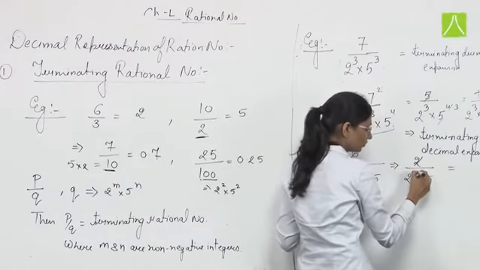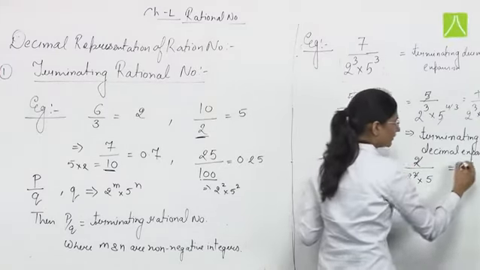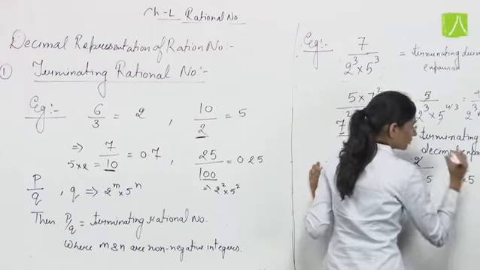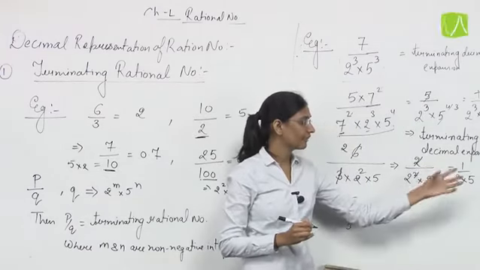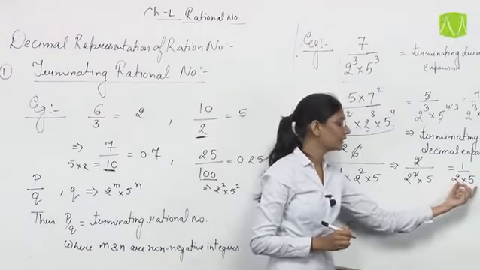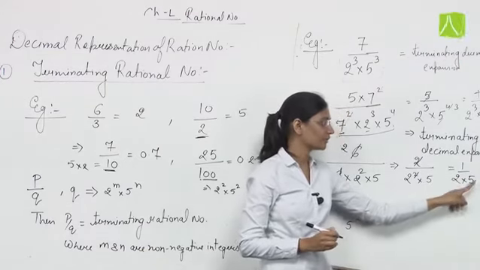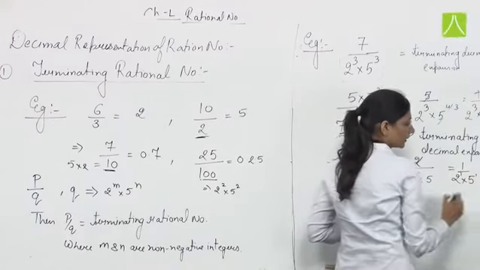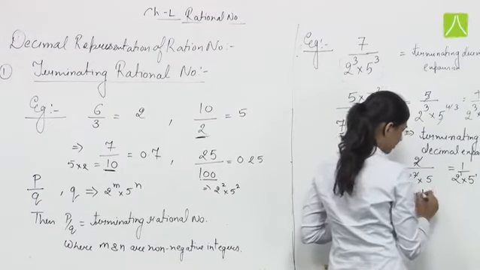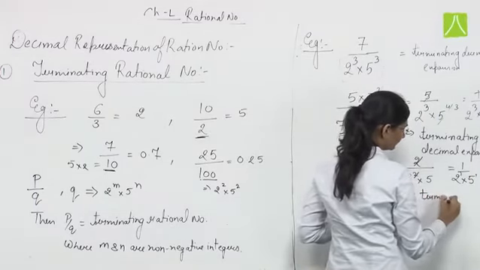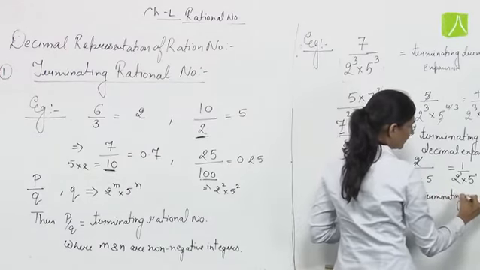Again, from this 2, one power gets cancelled. Now, in the final rational number, the denominator is of the form 2 raised to the power m, 5 raised to the power n. Therefore, the decimal expansion is terminating decimal expansion.